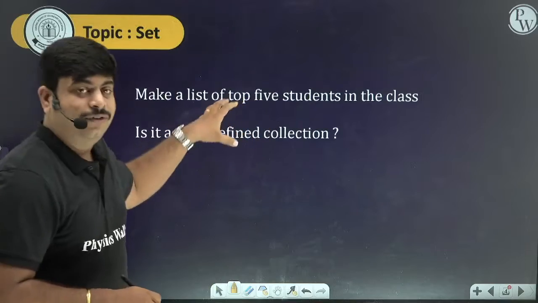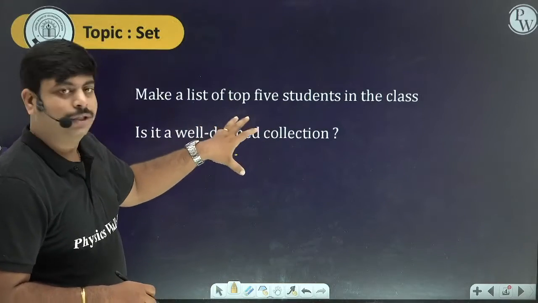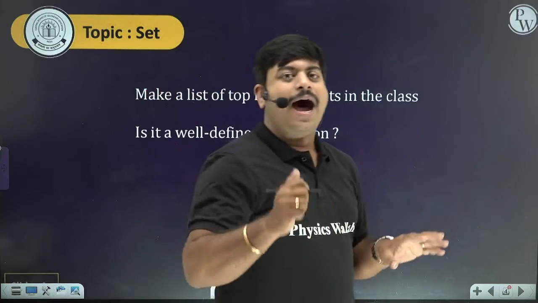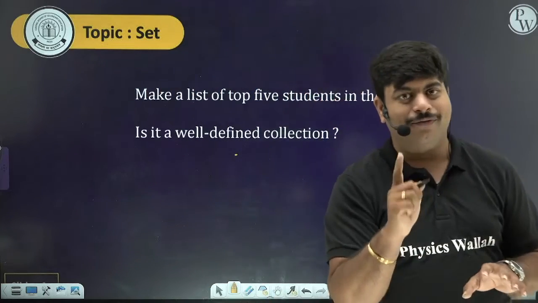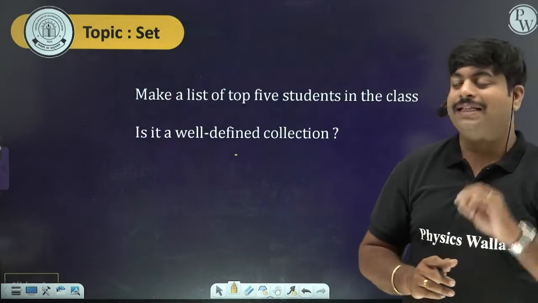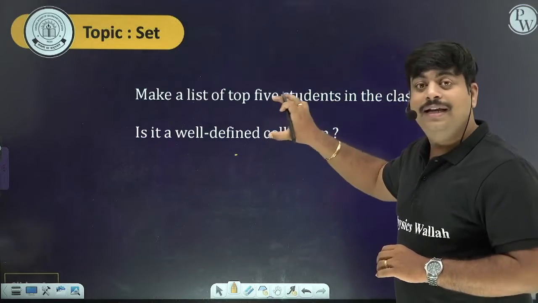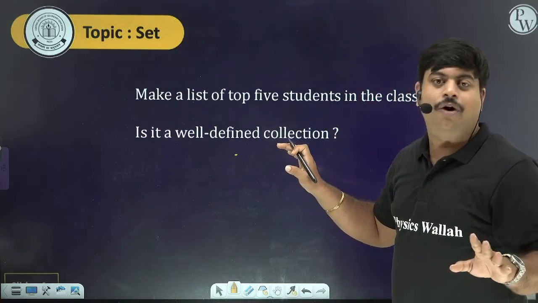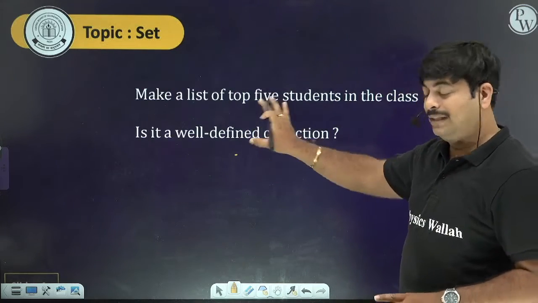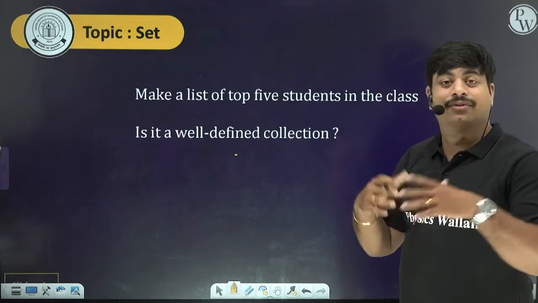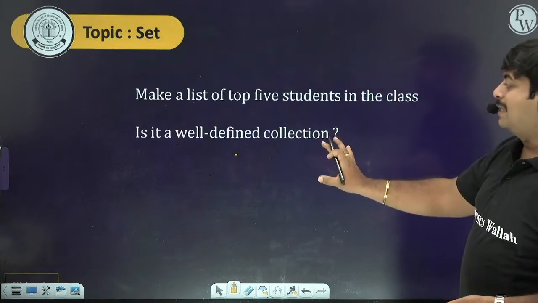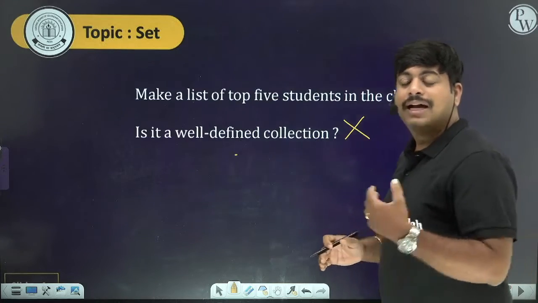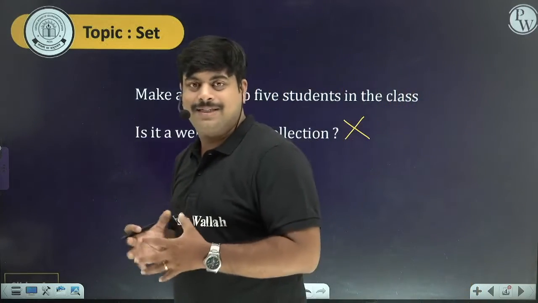So the answer to this question is not the same for everyone, correct? That is where we say well-defined. When I say well-defined, the answer should be unique for all, right? But this question has random answers. So is it a well-defined collection? No, this is not a well-defined collection, and so we cannot say it is a set.